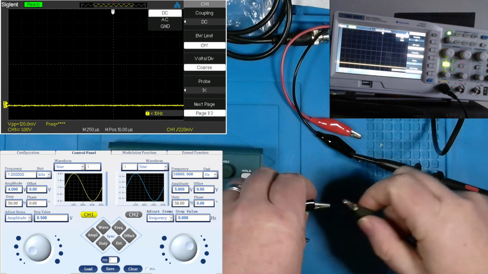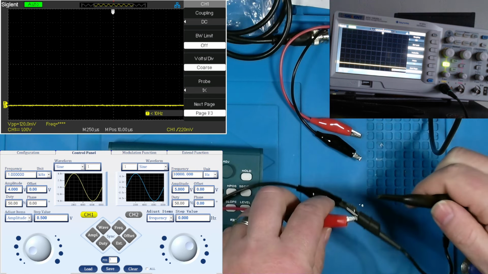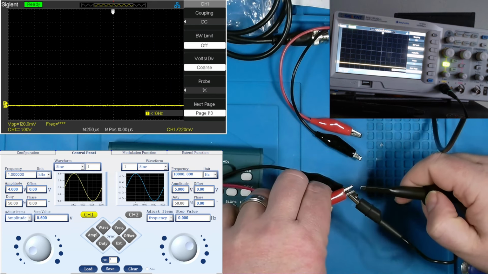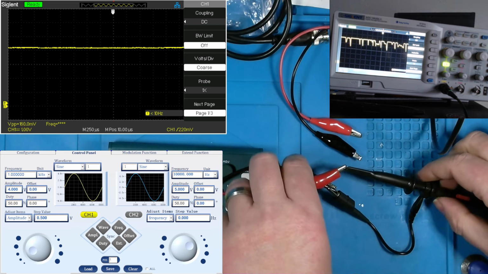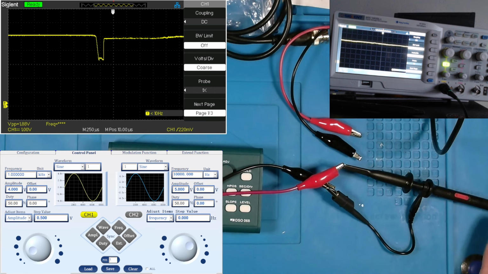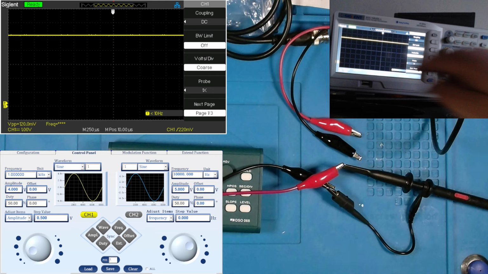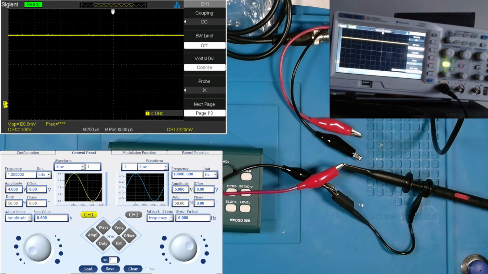And then my coupling is going to be set to DC. Let me hook up the ground. There it goes. And now I'll hook up that. There we go. Now you might say, well, why am I measuring 120 millivolts?